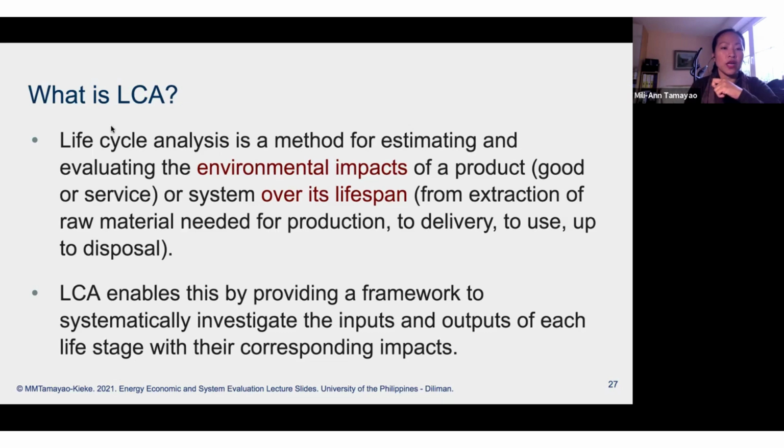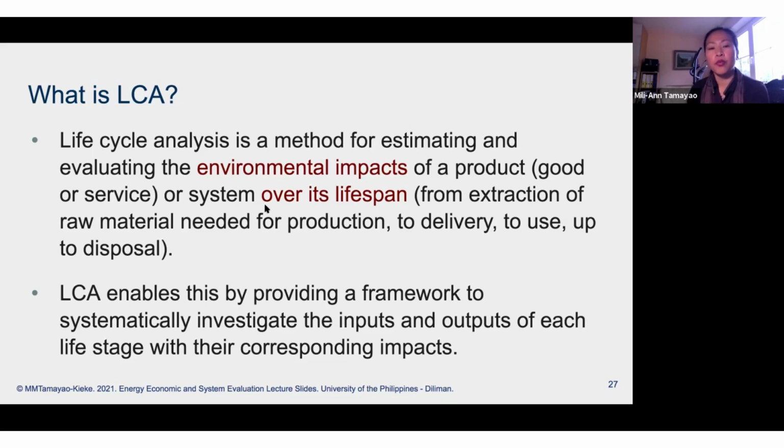But actually, LCA, strictly speaking, only includes environmental impact. That's why it has expanded now to, for example, life cycle social analysis, or life cycle sustainability analysis, to be more holistic.